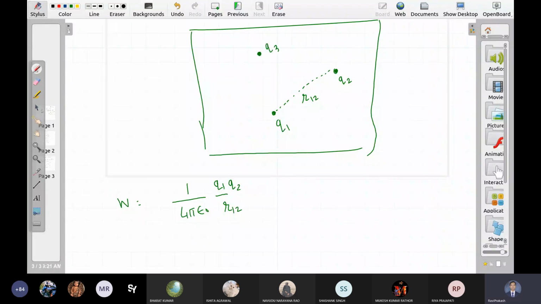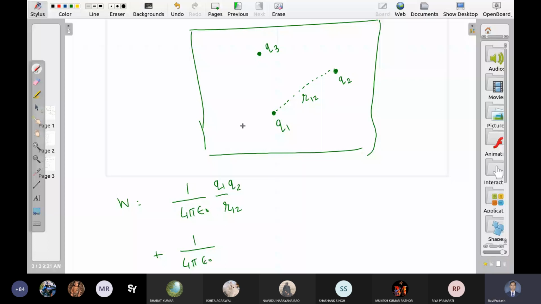कितना काम करना पड़ा? Potential at Q3, right? Not BQ3. Let me write in words. So what is the potential at this point? There is some potential due to Q1. How much is it?